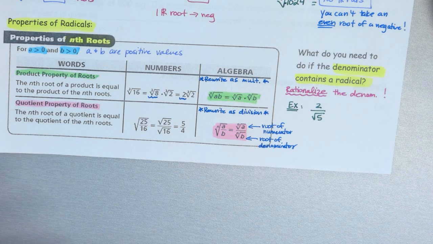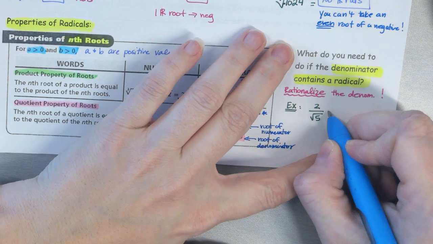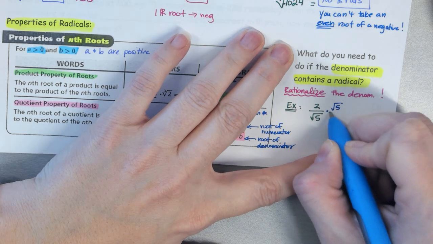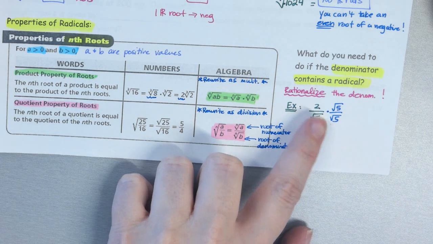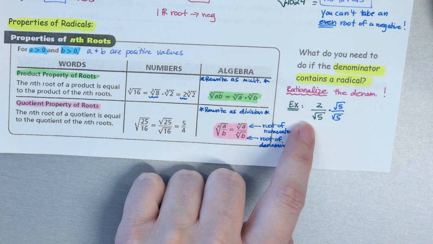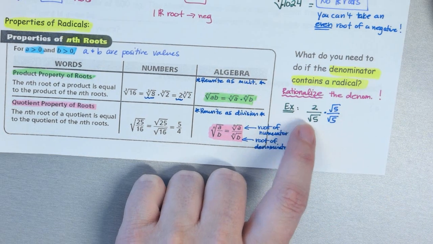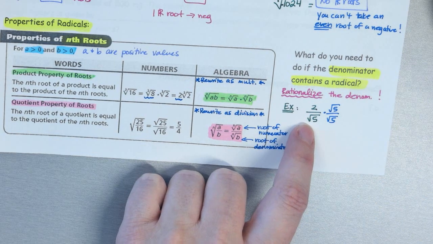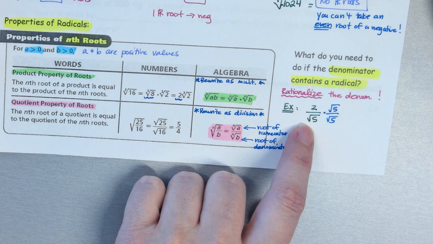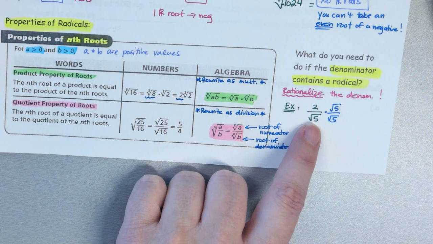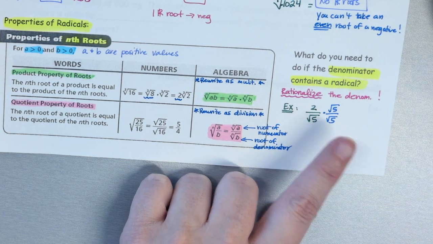Now, the reason why we can do that is because if you multiply by something over itself, what do you get? 1. And if you multiply something by 1, what do you get? Itself, the same thing. So mathematically, I'm not changing anything. I'm multiplying by 1. Okay? So this is a way to manipulate what you have so that the denominator simplifies.